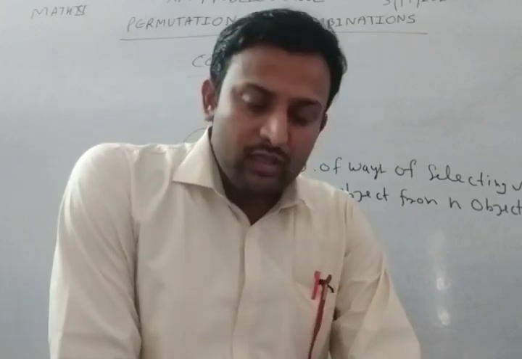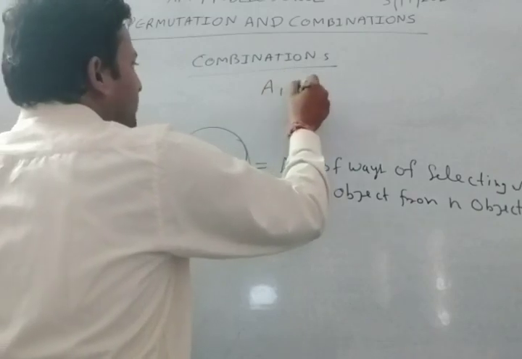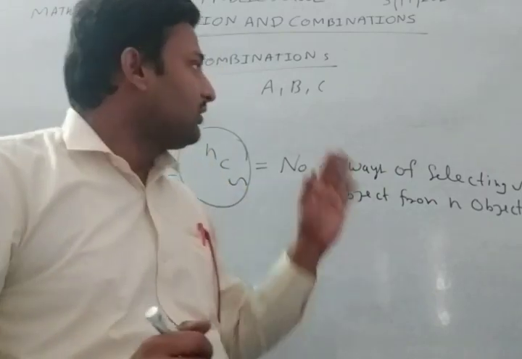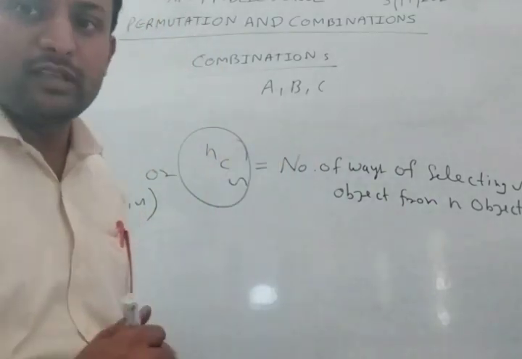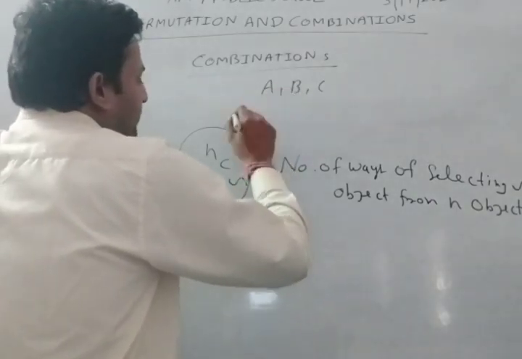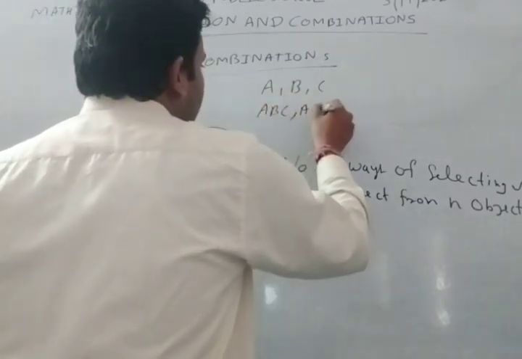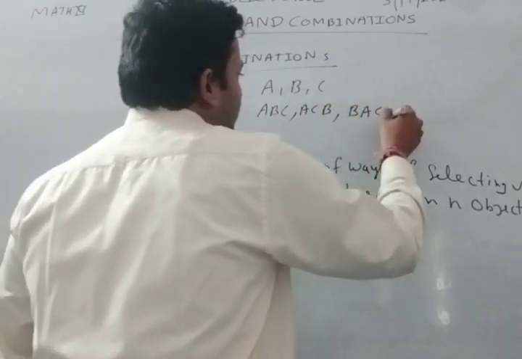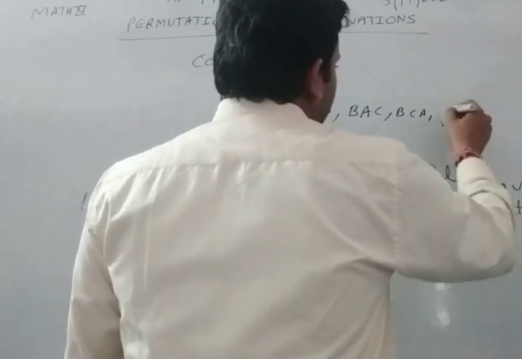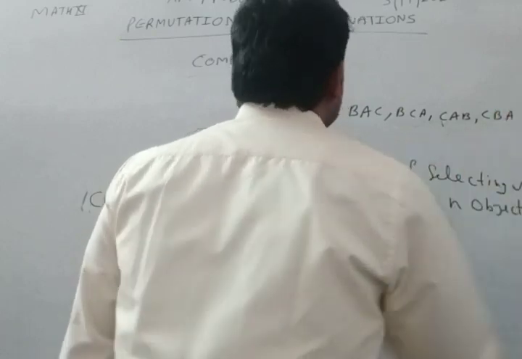Now, in the case of permutation, suppose we have taken 3 letters A, B, C, and we make different permutations with them. The permutations will be ABC, ACB, BAC, BCA, CAB, CBA.